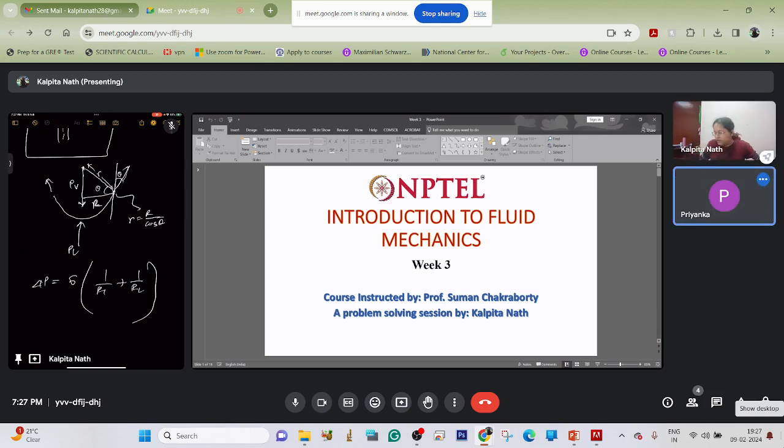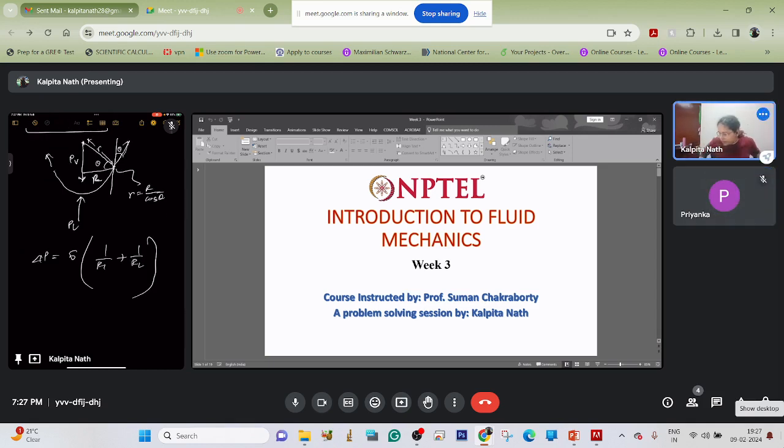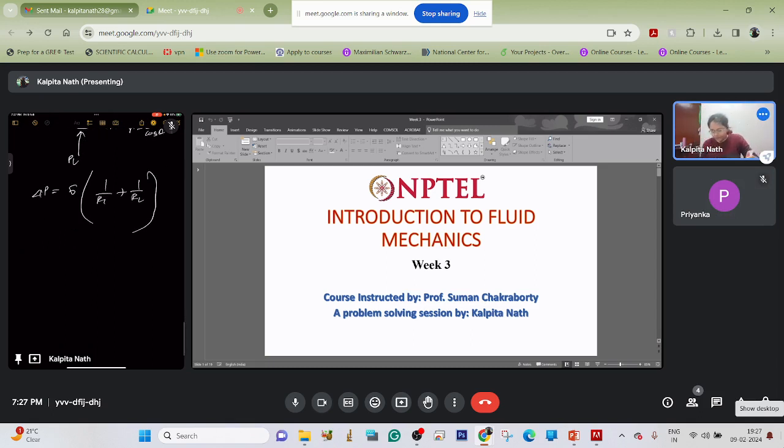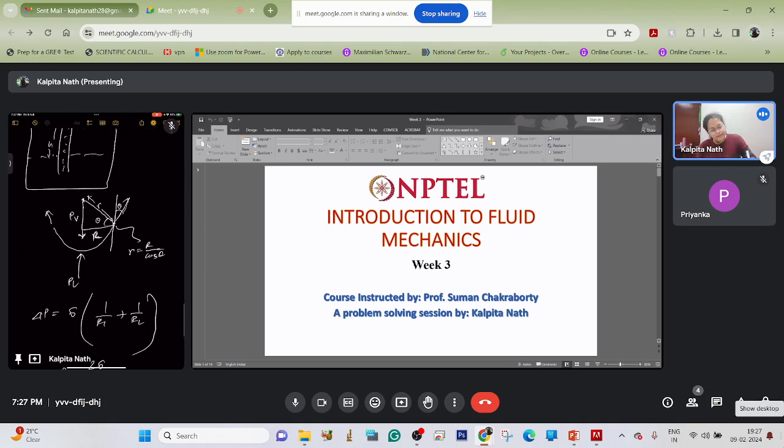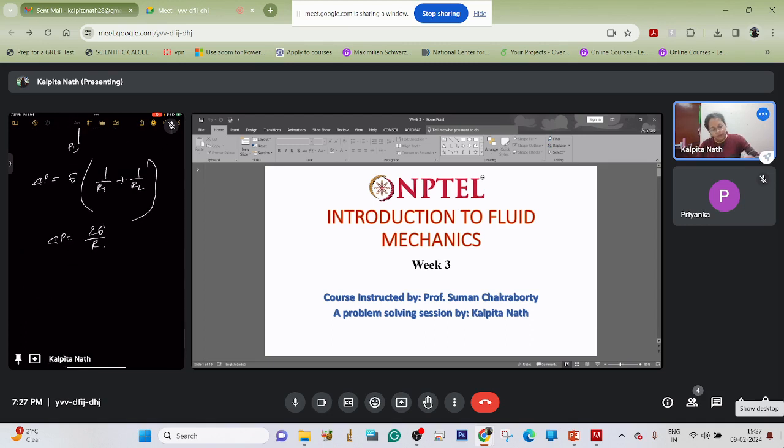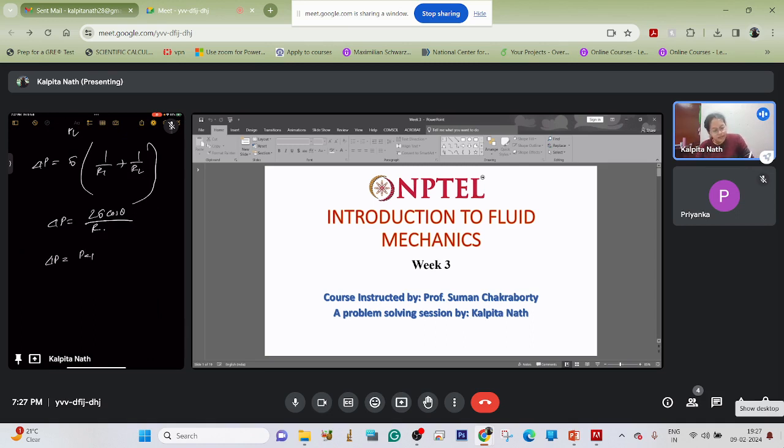So delta P will be 2 sigma by R, because it is only one layer and it is liquid. Now sigma forms angle theta with the surface of the capillary. So this will be sigma cos theta upon R. So now delta P is equal to P atmospheric pressure minus P liquid.